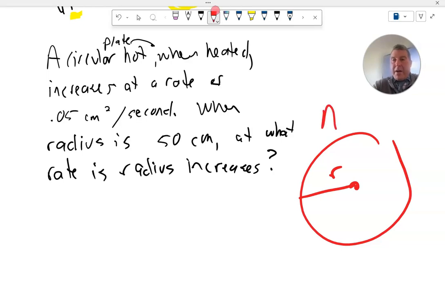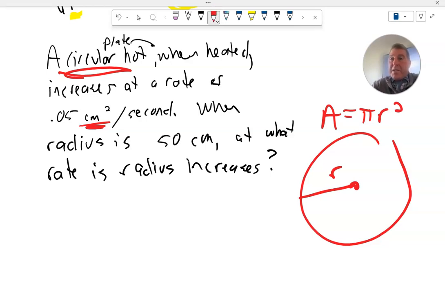We know that the area of a circle is pi r squared. Since this is talking about a circle, and it's square centimeters per second, that's the way in which we measure area. That's the rate at which the area is changing, 0.05. And we're given information about the radius.